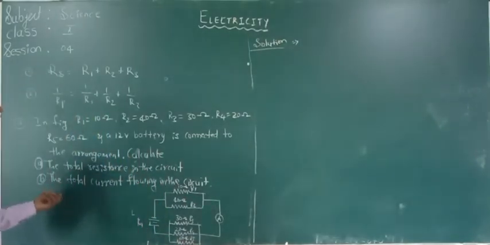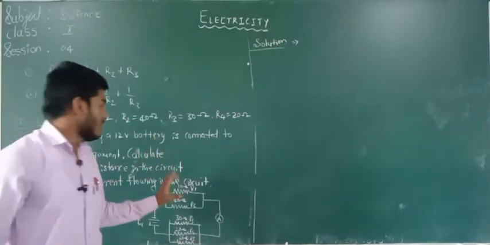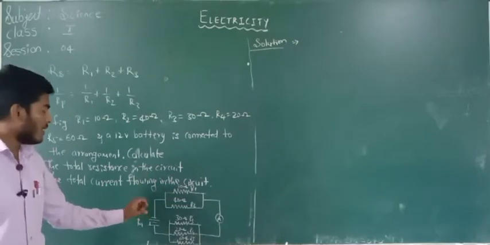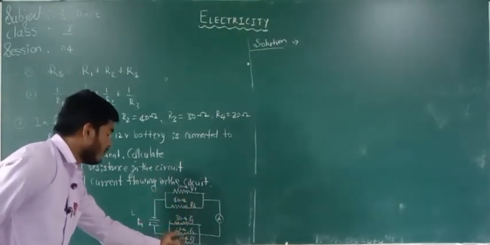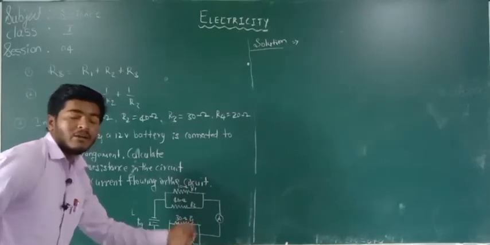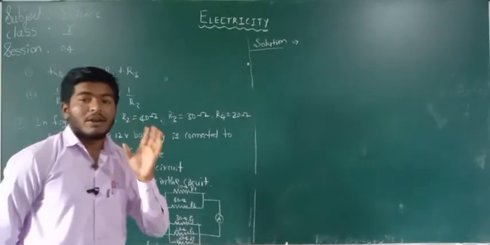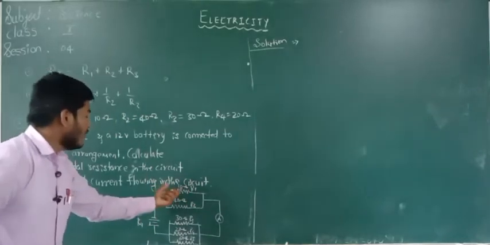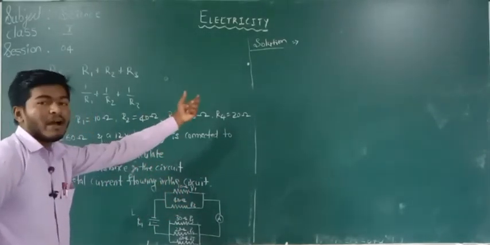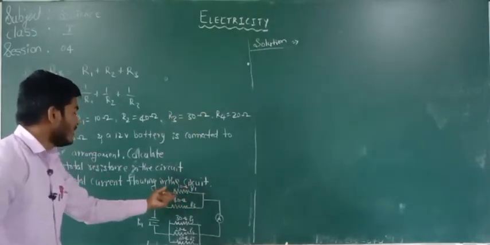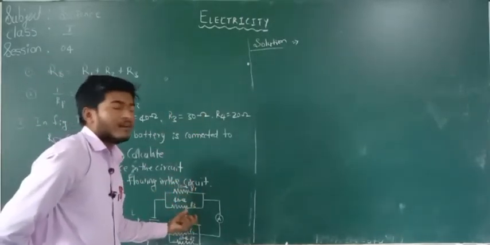See, when we calculate the total resistance, consider this circuit diagram. R1 and R2 are parallel here, and R3, R4 and R5 are parallel here. First we calculate the parallel resistance of R1 and R2: 1 divided by Rp is equal to 1 divided by R1 plus 1 divided by R2. Why? Because R1 and R2 are in the parallel connection.